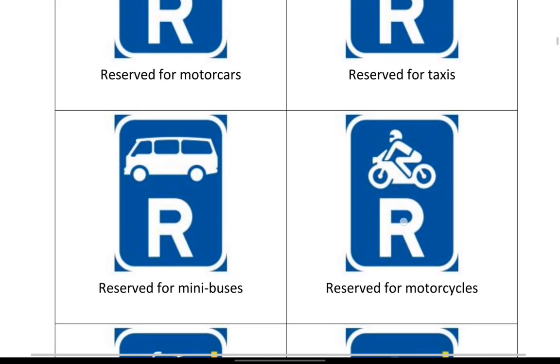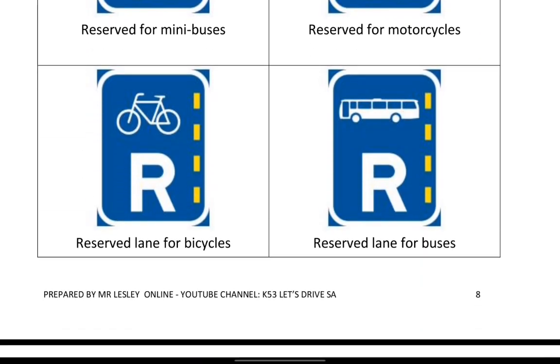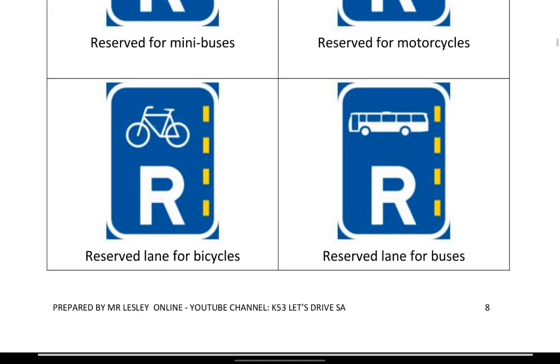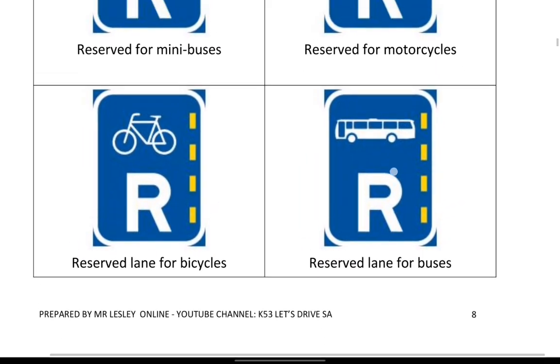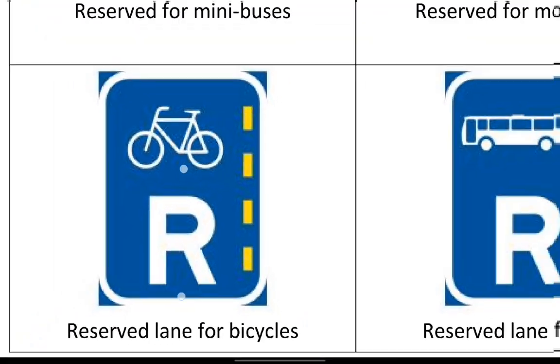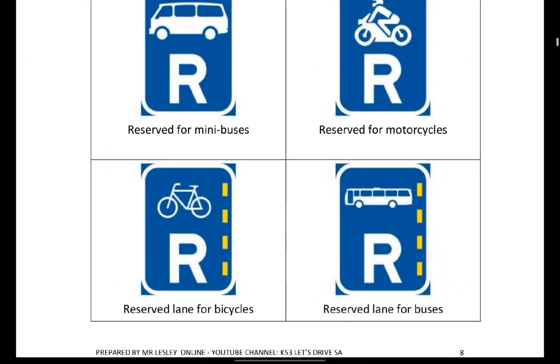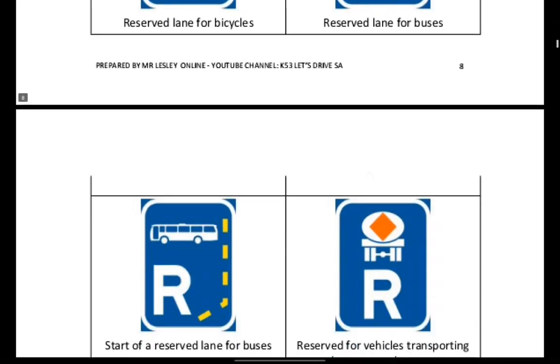Once that sticks, everything becomes simple. This is a bicycle, so it stands for reserved for a bicycle. This is a bus, so it stands for reserved for a bus.